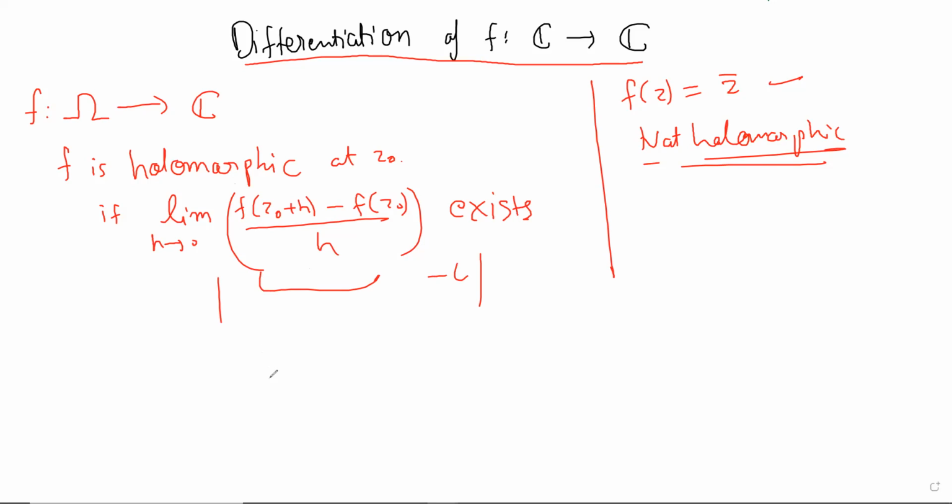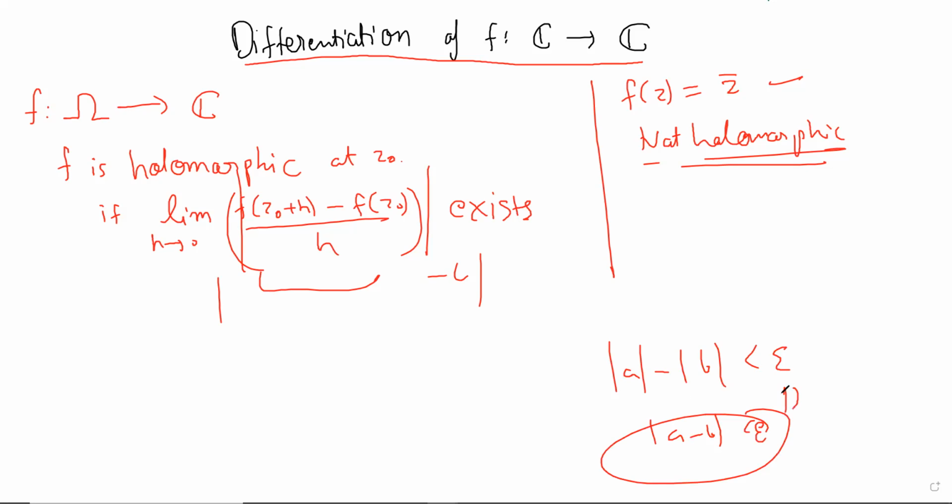That is stronger than saying that the mod of this minus L is less than epsilon. That's easier to happen, because mod A minus mod B can be less than epsilon, but mod of A minus B may not be. This doesn't follow from there. But if this is less than epsilon, then that implies that the earlier is true. So it's a strong thing.